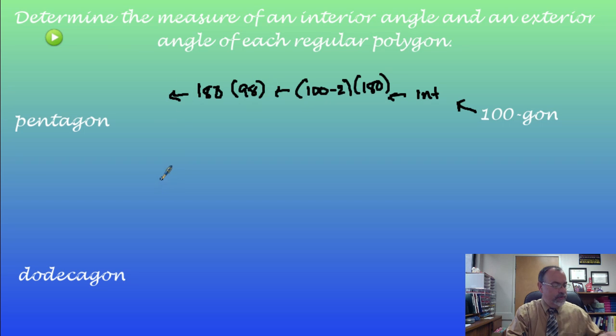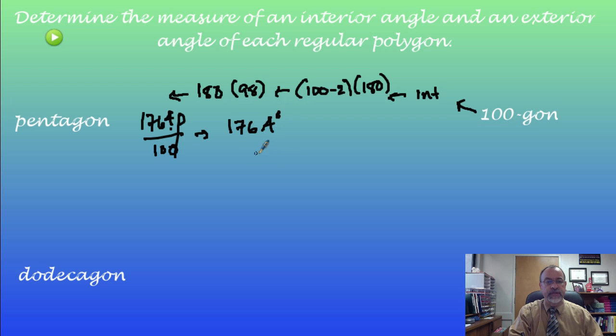I'm going to use my calculator for that one. 98 times 180 is 17,640 total degrees. And we have 100 sides, so we're going to divide that by 100. So move the decimal point over. Each angle is going to be 176.4 degrees if you're looking at an interior angle.